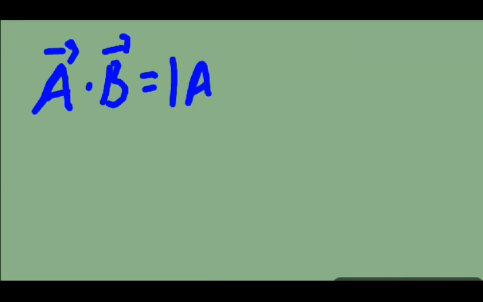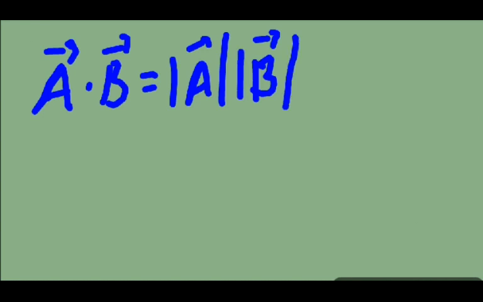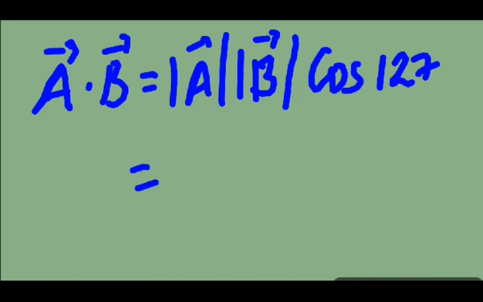So substitute the values in the previous one. We have 5, 10, and 0.6. So we multiply them together to get A dot B. A dot B is equal to magnitude of A times magnitude of B times cosine of the angle between the two, which is cosine of 127 degrees. So let's substitute the values.